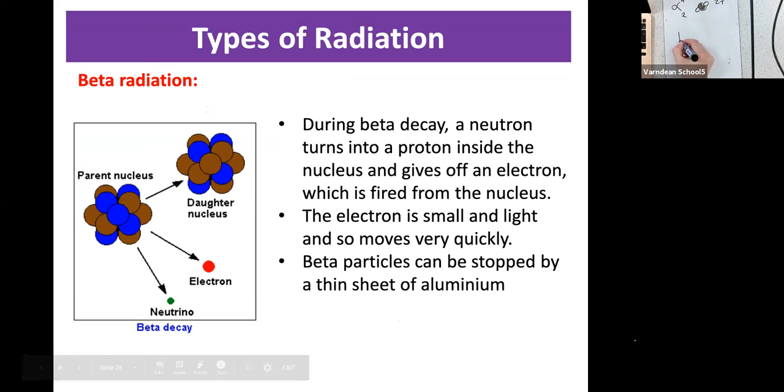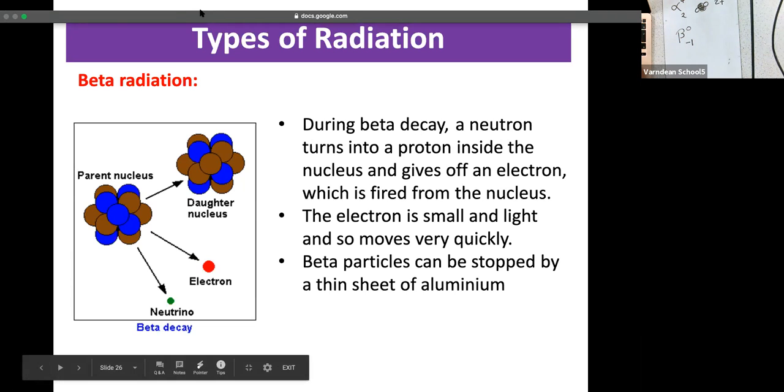So we give it the Greek symbol beta, like that, and we give it a naught at the top because it has no neutrons and no protons, but a neutron turns into a proton. So we just give it down there -1, a neutron turning into a proton. And I'll explain all of that later. Okay, so it's quite important that you know these symbols.